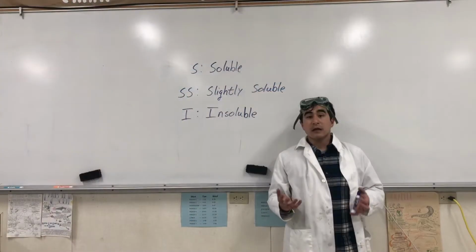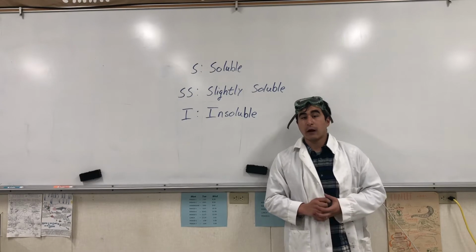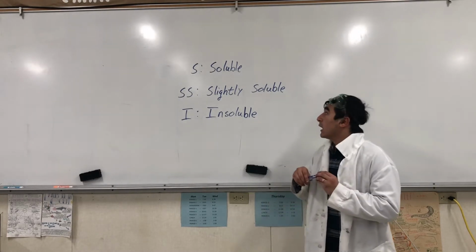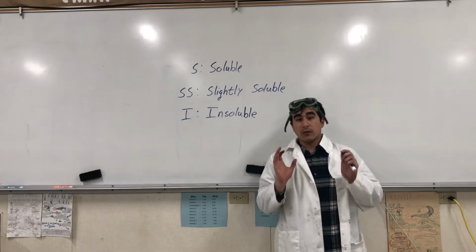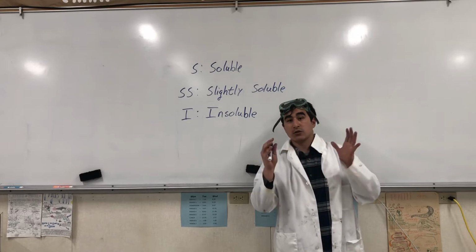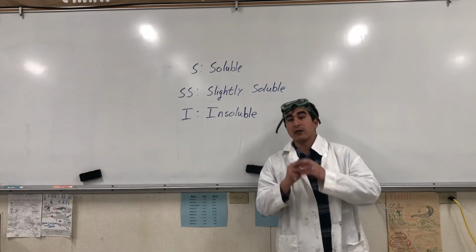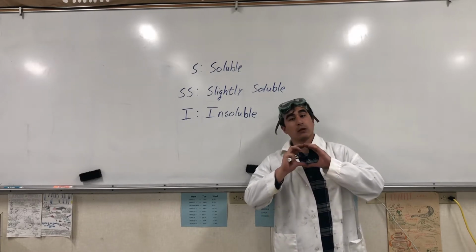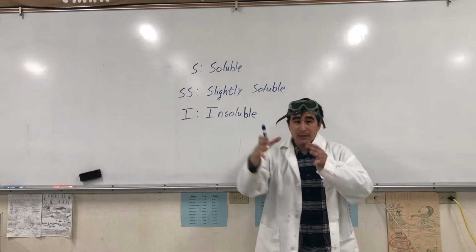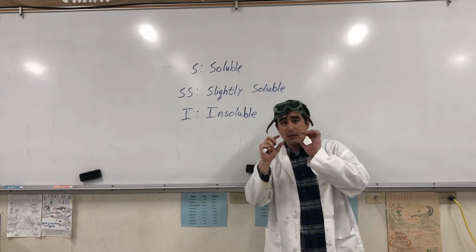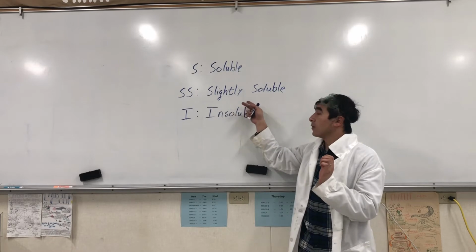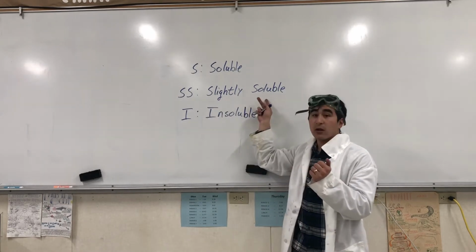A couple of things that I do want to go over prior to our lab, when filling out your lab worksheet. Where you see a soluble solution, soluble means that the solution dissolves completely into the water and it looks like an aqueous solution or a liquid, and you are going to write S. If there are some precipitants, some insoluble stuff in the solution, you're going to write slightly soluble.